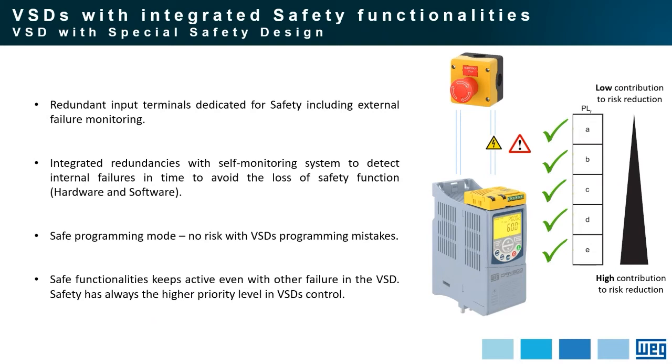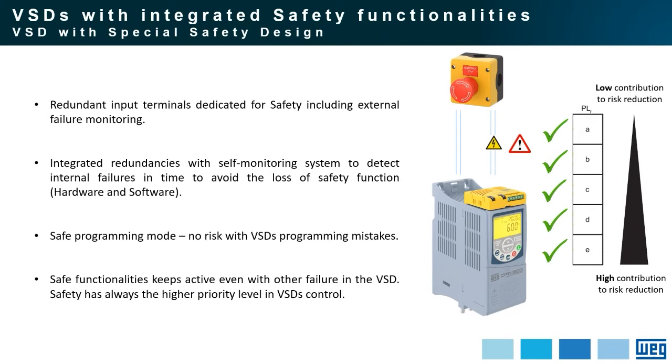The variable speed drive with safety functionality also has the safety programming mode. It means the parameters concerning safety have less risk of programming mistakes. If the user changes any other parameter of the variable speed drive, it will not switch off the safety functionalities.